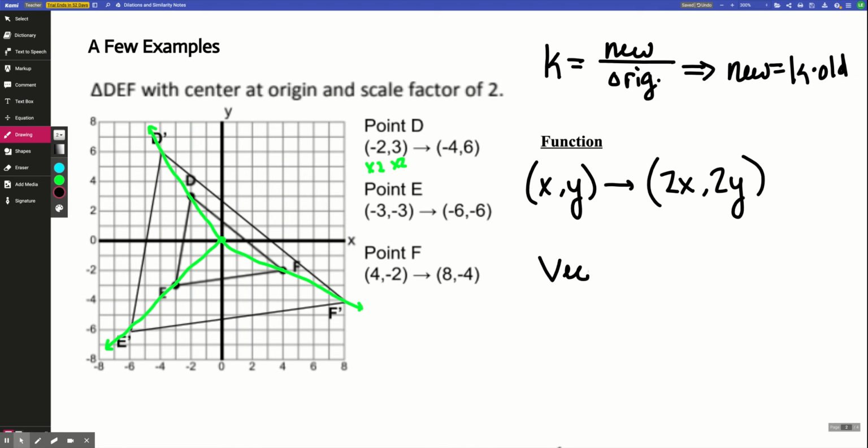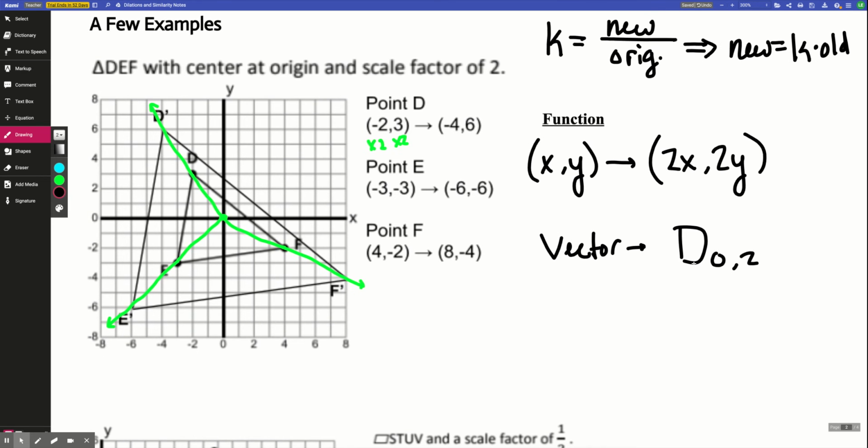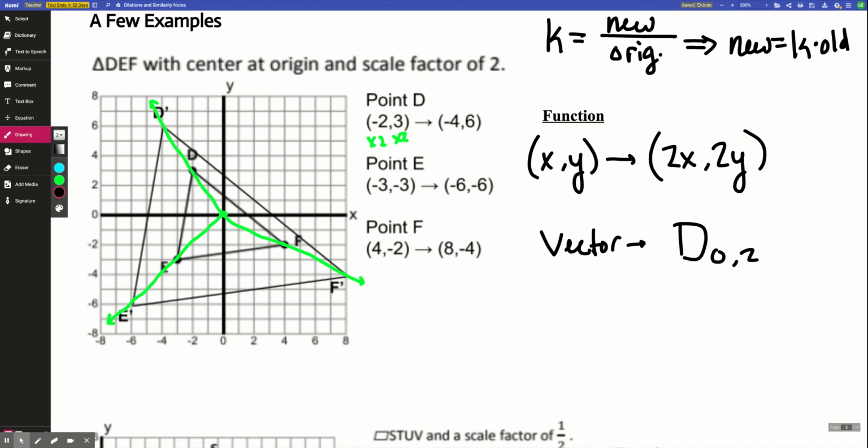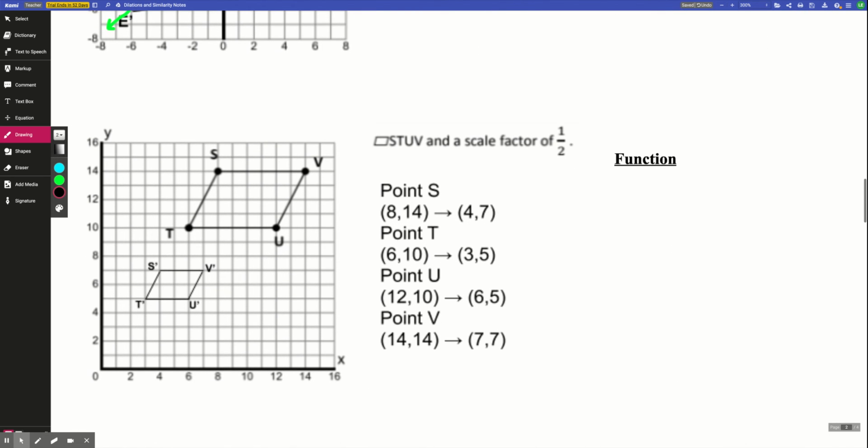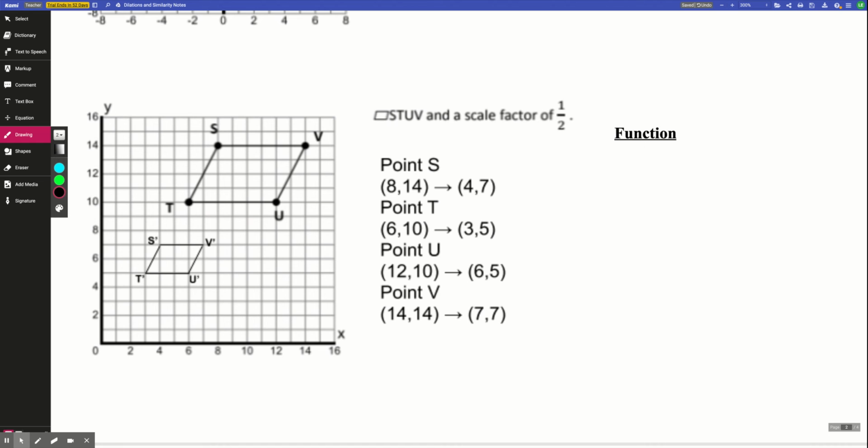If I wanted to write it in vector notation, it would be a dilation around the origin, so a capital O, comma, with a scale factor of 2. Okay? It really is just multiplication, y'all. So don't make dilations and scale factor this super frightening, scary thing. It's just multiplication. Okay, so here's another example for you, but with a smaller scale factor.